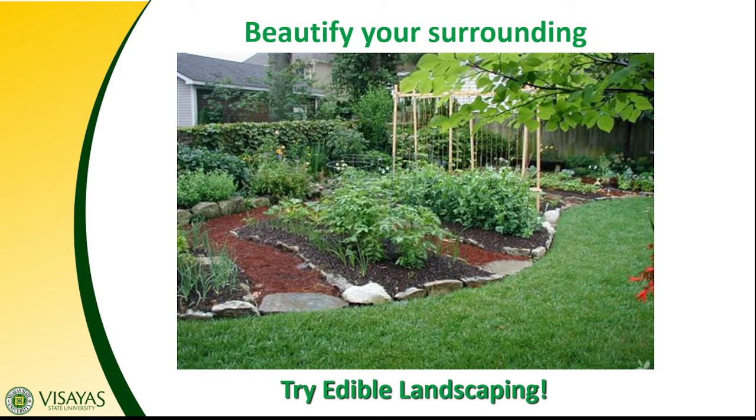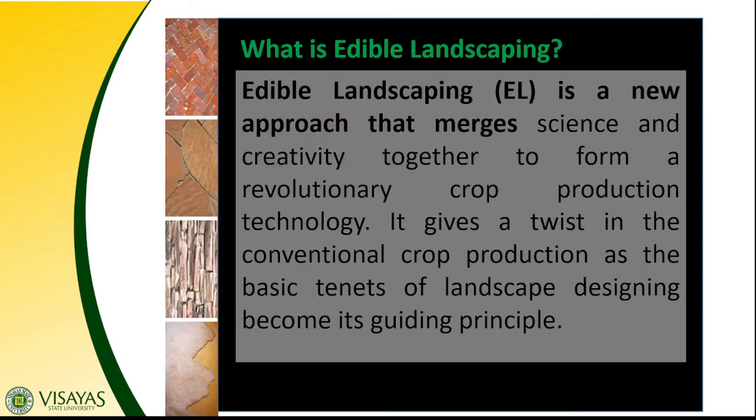Please take note that it's not only ornamental plants that can beautify our surroundings. Other plants too can be used in landscaping together with the ornamental plants, and we call this edible landscaping. This is the use of plants that can be eaten, planted together with ornamental plants.